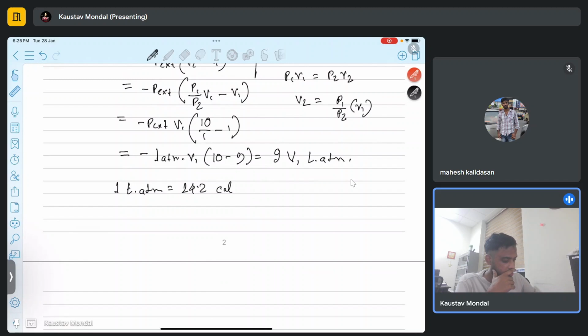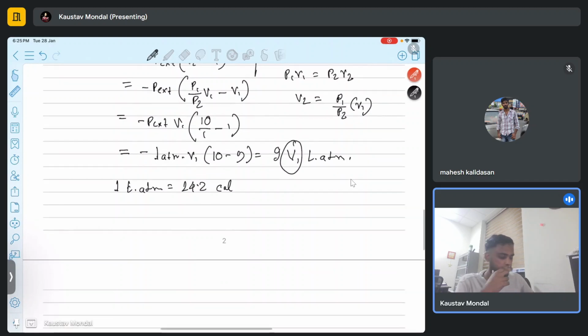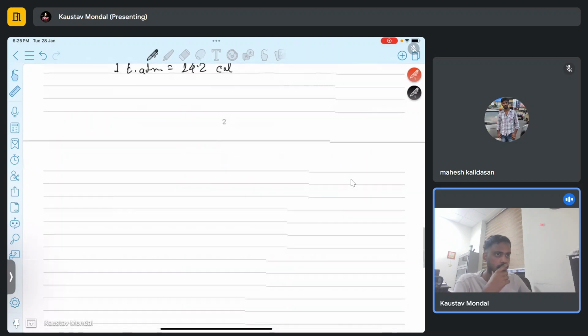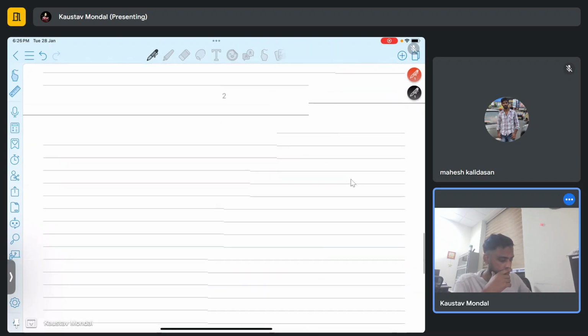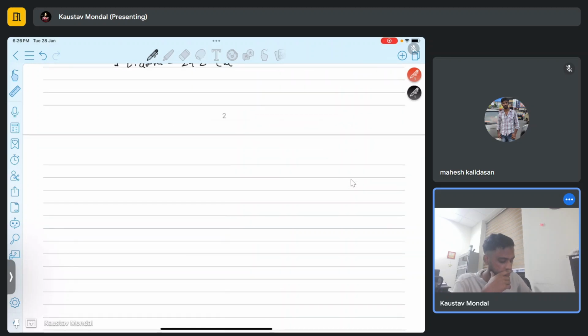Now we also need V1. How do we calculate V1? It is pretty straightforward. We know the ideal gas equation, PV equal to nRT.